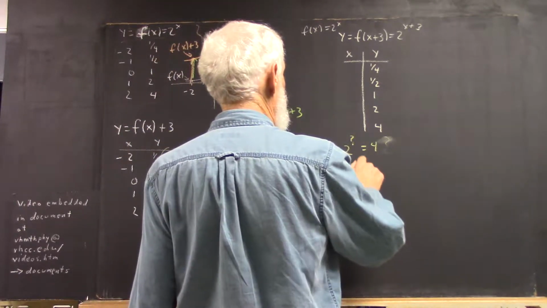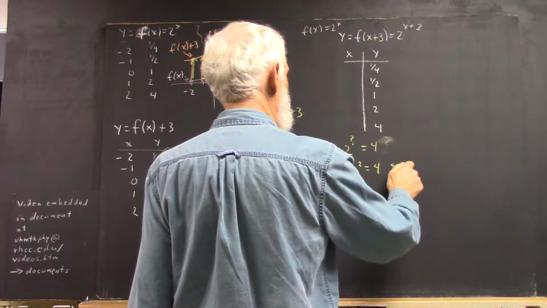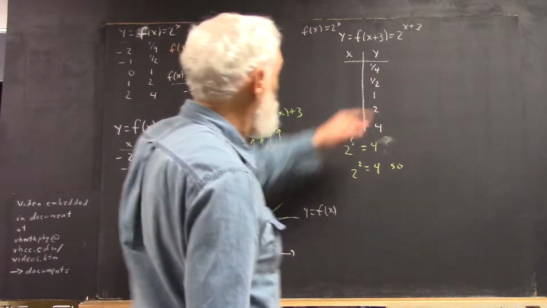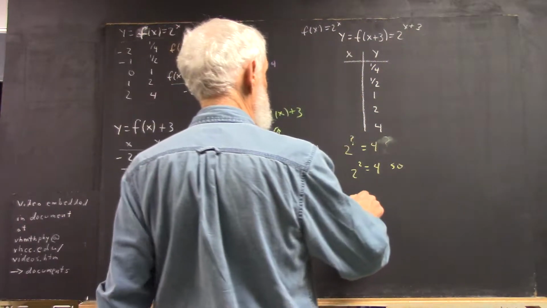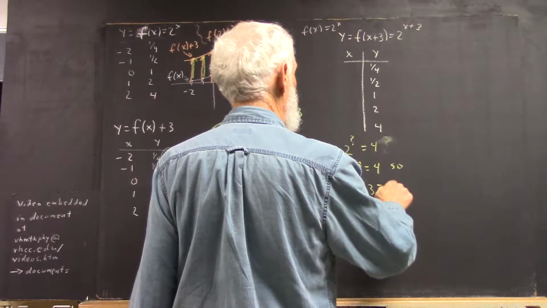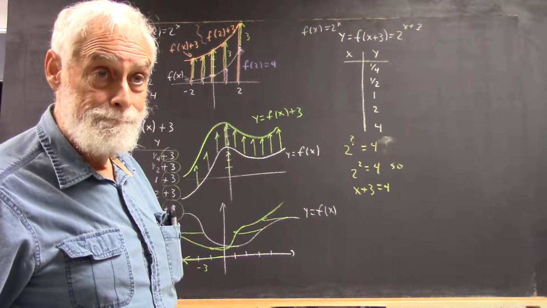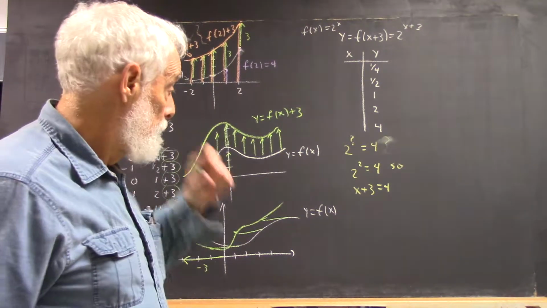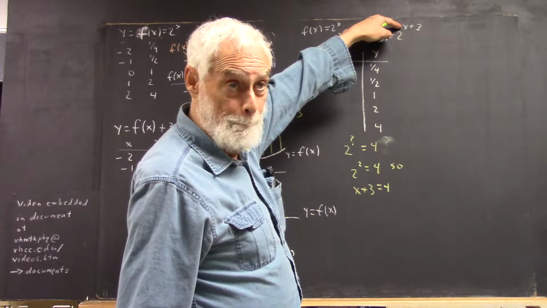Yeah. 2 to the second equals 4. So we're doing 2 to the x plus 3, right? So x plus 3 would have to equal 4, right? 2 to x plus 3.